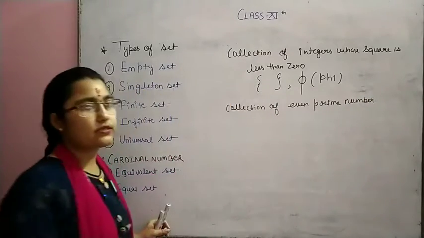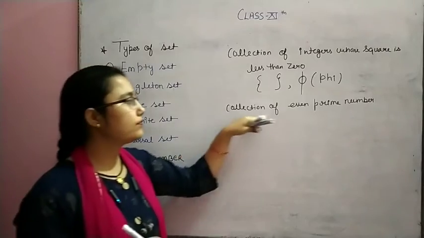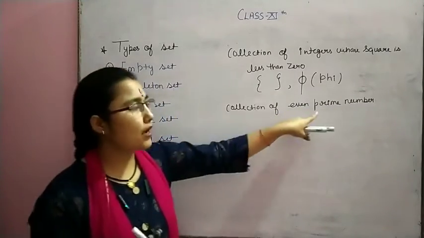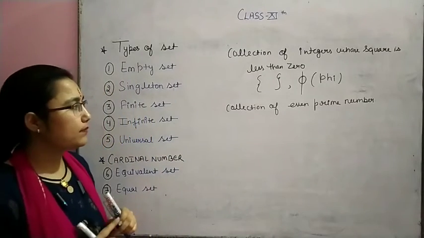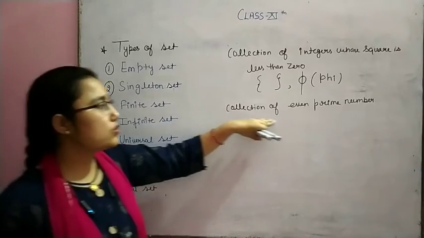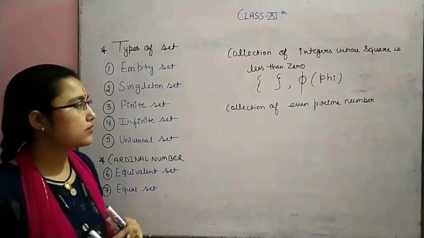We all know that only 2 possesses the property of being an even prime number. 2 is even and prime also. So that means the collection of even prime numbers contains only one element.